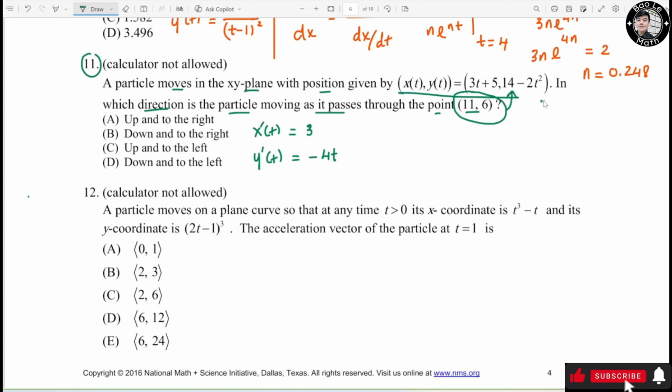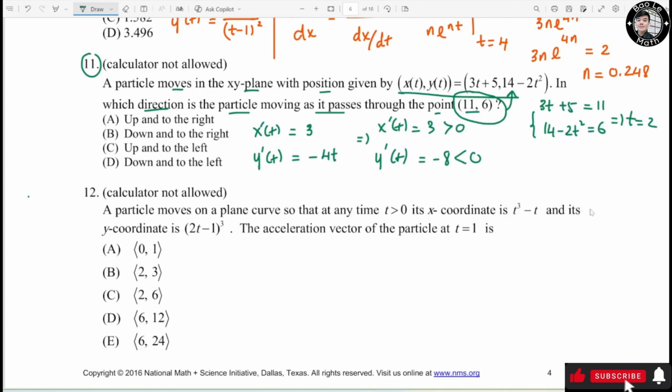So we have 3t plus 5 equals 11, right? And 14 minus 2t squared equals 6. So t equals 2, right? So then we have s prime of t equals 3 and y prime of t, substitute 2 over here, we have negative 8, right? This guy is positive, this guy is negative, right?